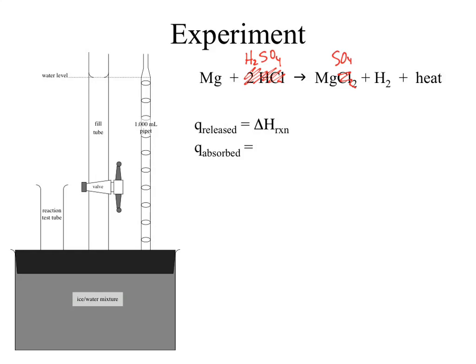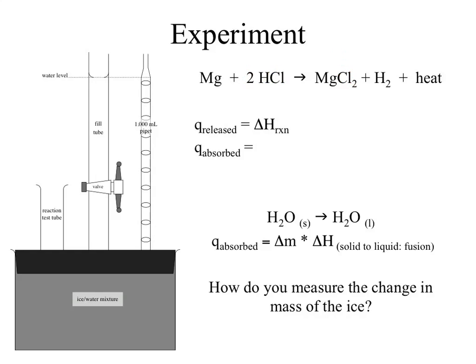What's the heat absorbed? That heat absorbed is looking at that phase transition, going from a solid to a liquid. The heat absorbed is going to be the change in mass, so how much ice melted, multiplied by our heat of fusion. The heat of fusion you'll have to look up, so it's something you'll have to find either in your textbook or online.